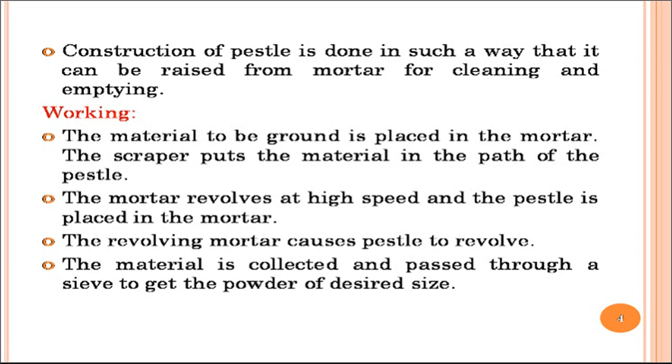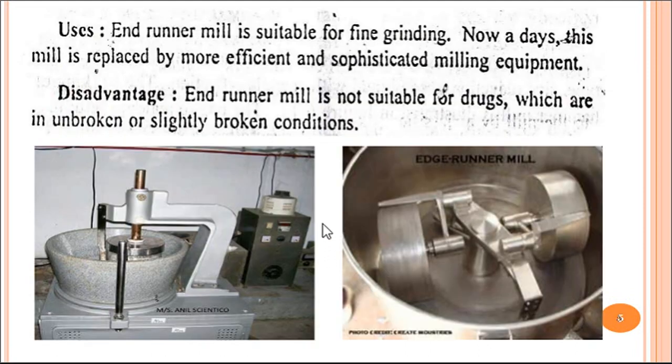Within the same part the material is rotated. When all materials are reduced in size, we can judge it and stop the operation. The material can then be collected and passed through an appropriate sieve to get powder of the desired size. It is up to you to decide what size and grade of powder you require for the size reduction. So the working is very simple.